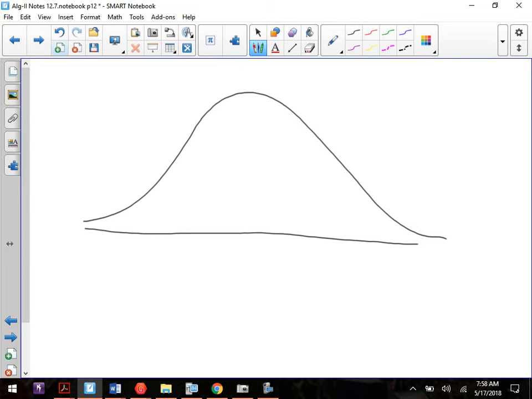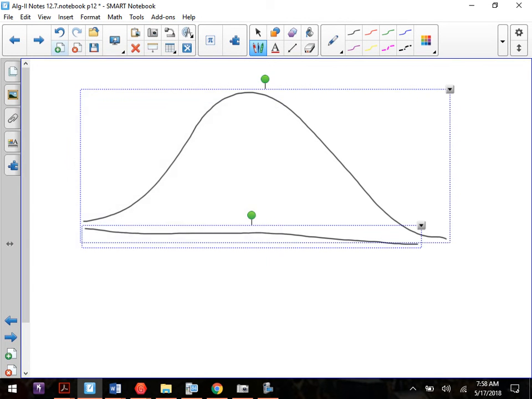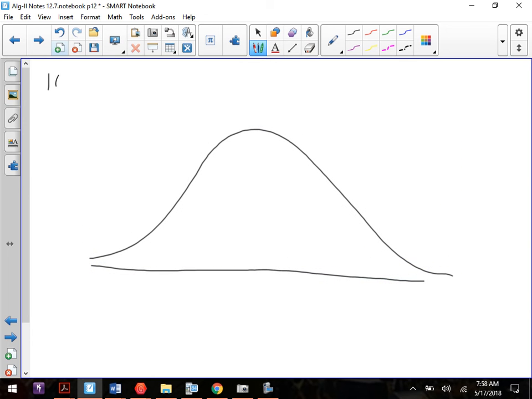The idea of using a normal curve is that you know that 100% of data is under the curve.